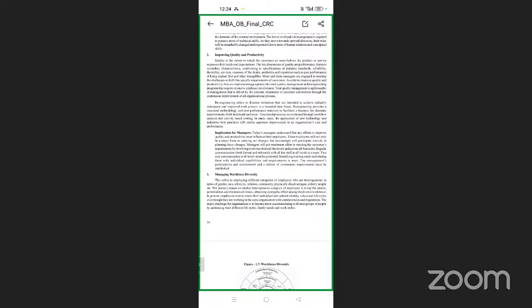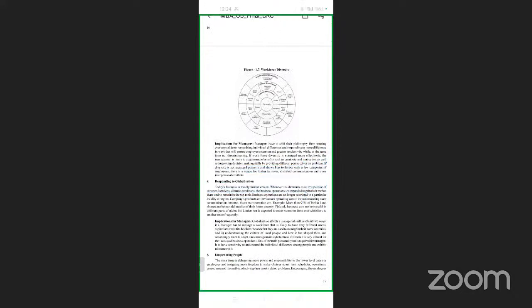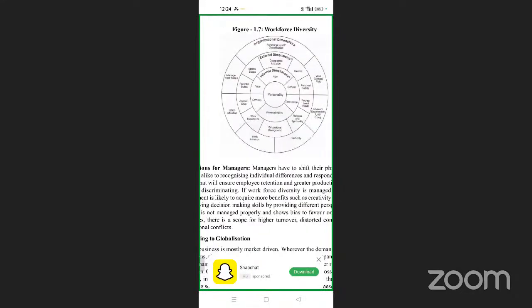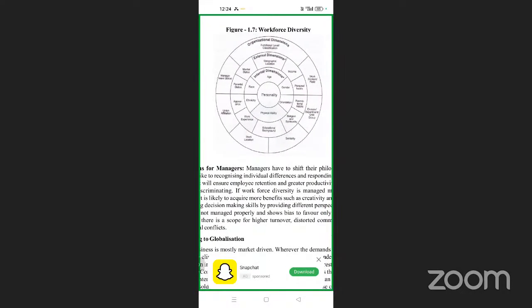Okay, next is managing workforce diversity. Here there is a flow chart. All of you can see how an organization is divided into three dimensions: internal, external, and organizational.